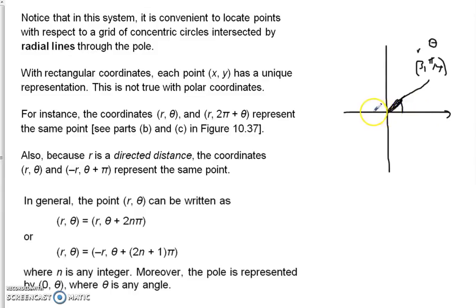What I'm going to do then is add pi to this angle. That's pi over 4, so now I'm looking at 5 pi over 4. So that angle would be down here.